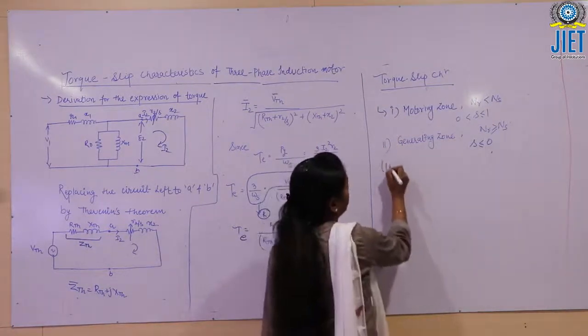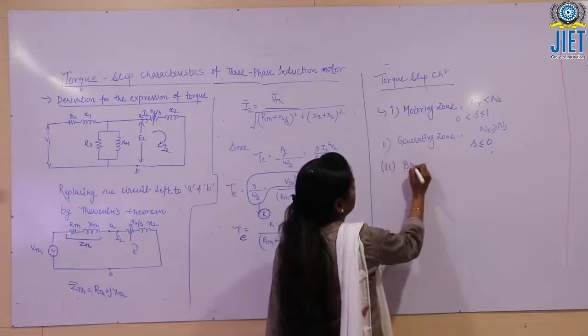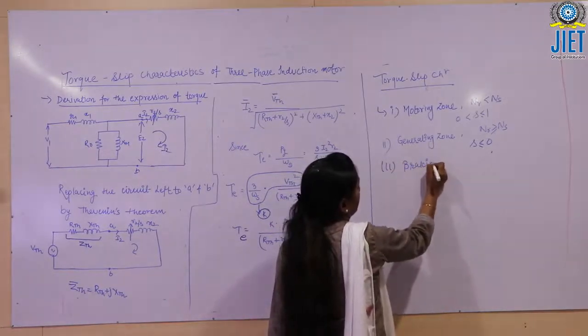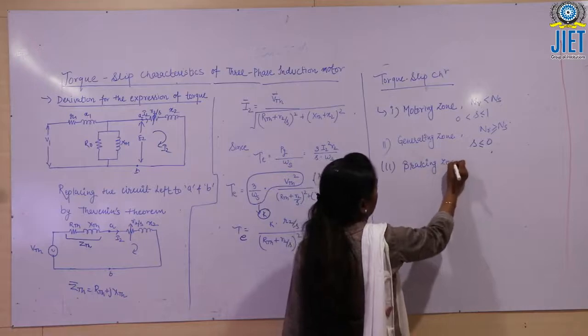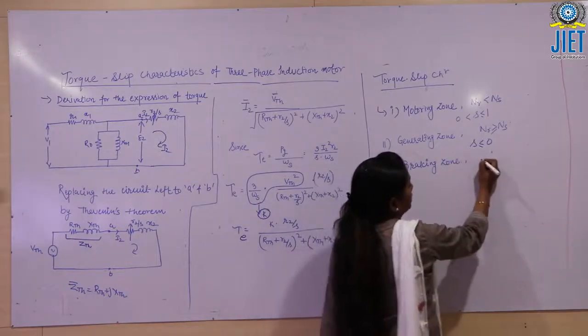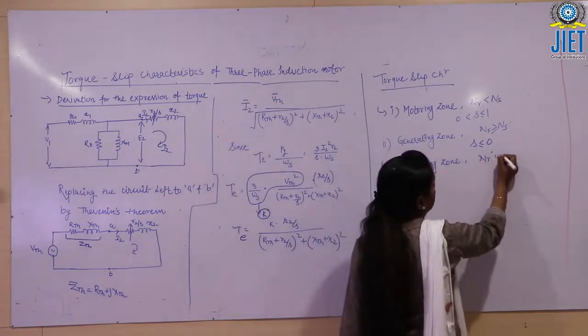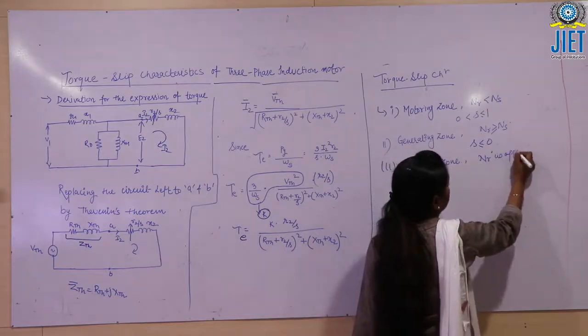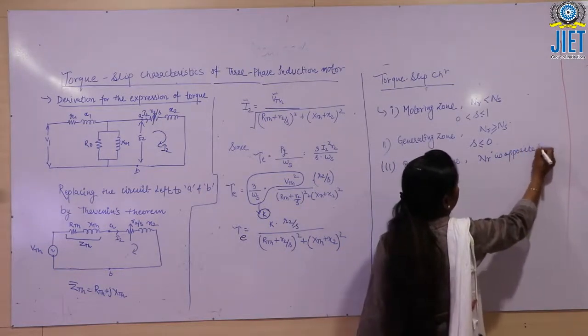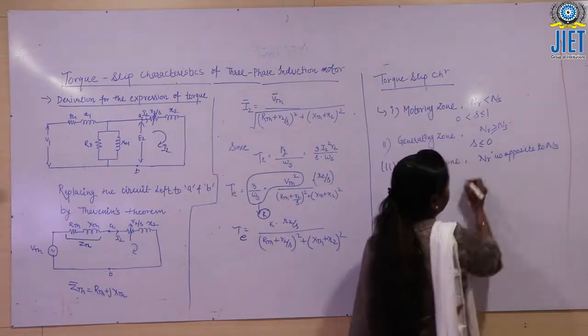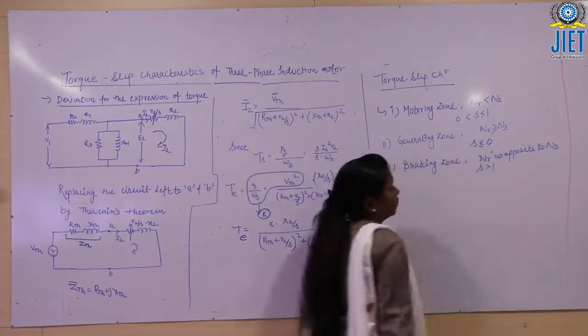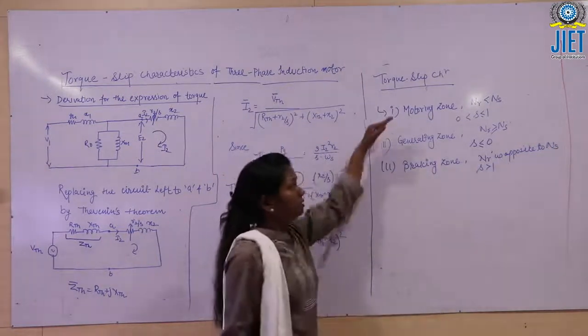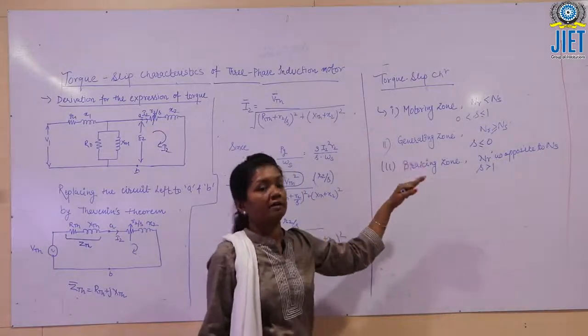And the third zone is the braking zone. In the braking zone, the NR is opposite to NS and therefore the slip becomes more than 1. So these are the 3 zones of the characteristics.